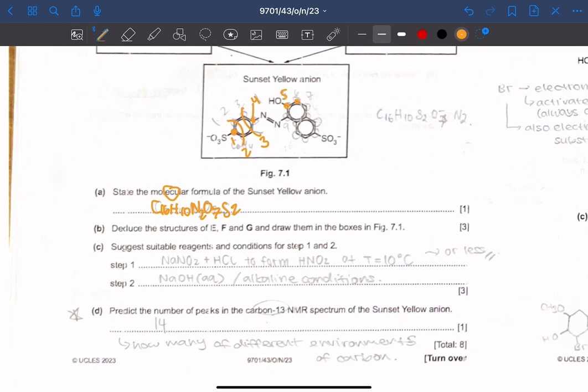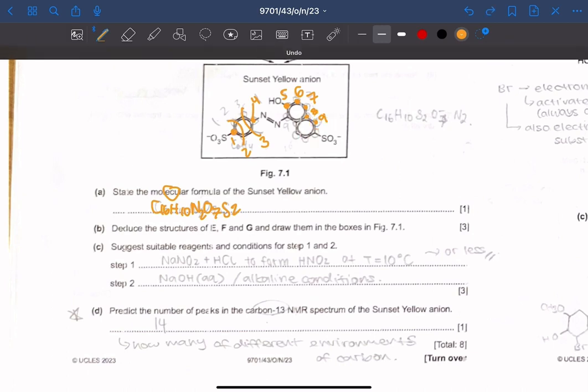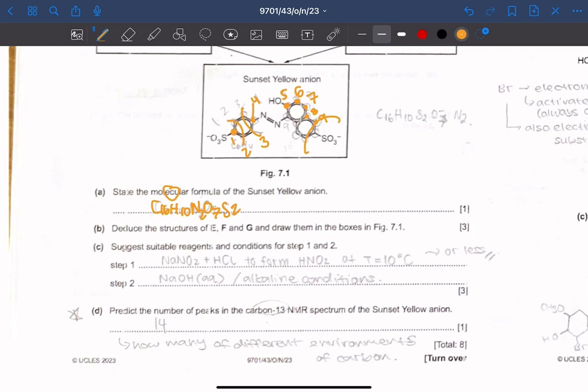5. Carbon has a different environment. 6. Carbon has a different environment. 7. Carbon has a different environment. 8. Carbon has a different environment. 9. This carbon actually has a different environment from this carbon, because it's not completely symmetrical, because there's an OH on this side and there's no OH on this side.